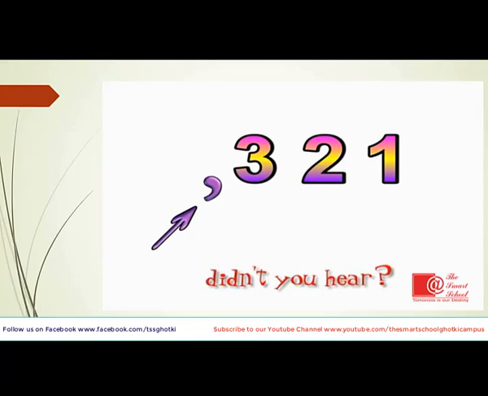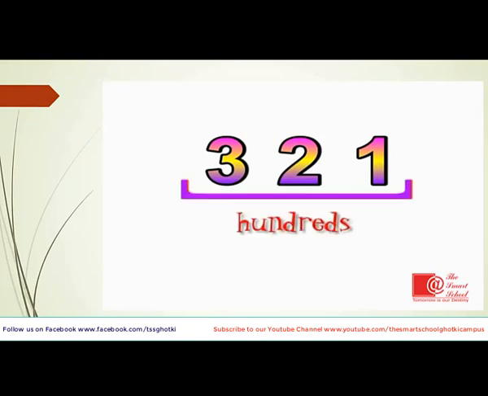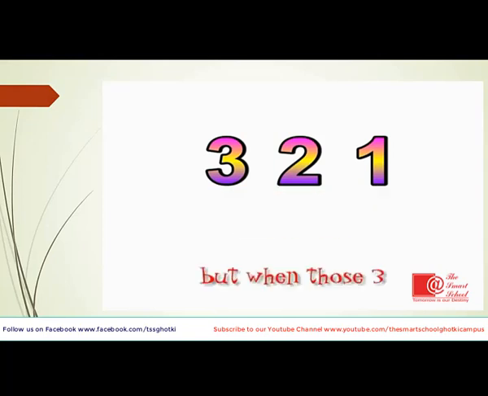One, two, three, comma B. After 3, it's a comma you see, and that first comma there. That's the thousands comma, didn't you hear? 1, 2, 3, digits for me. When there's 3, it's the hundreds you see. 321.